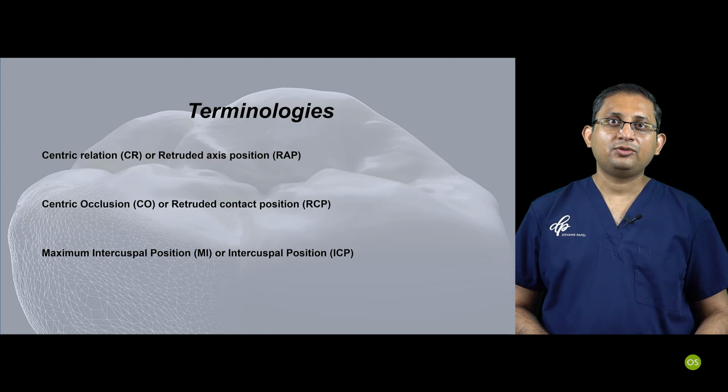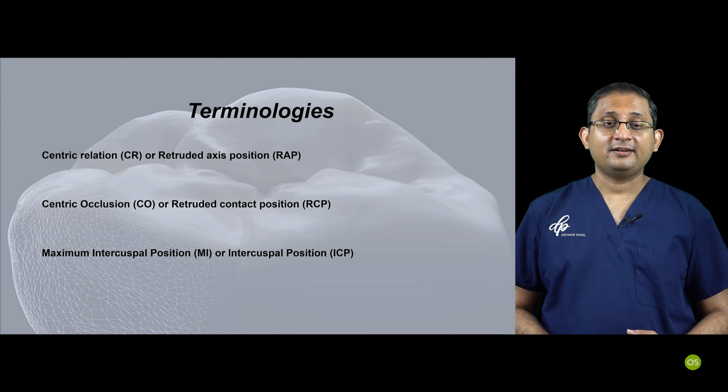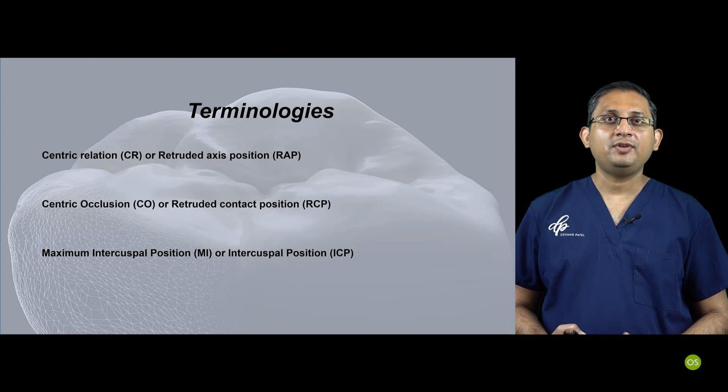That brings us to three other important terminologies used in occlusion, which are CR, CO, and MIP. They are also called RAP, RCP, and ICP. And this is where sometimes the confusion comes. However, you do need to learn and make sure that you understand all these terms, because when you're reading papers, some people will use either of the terms.